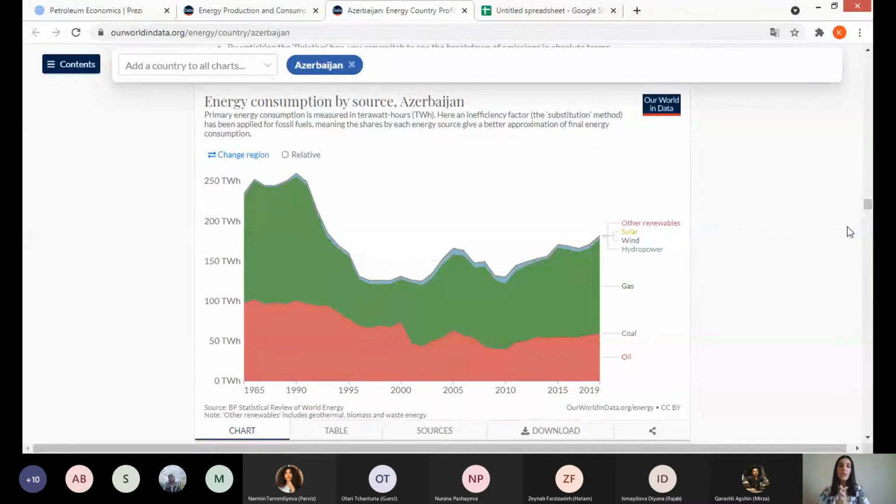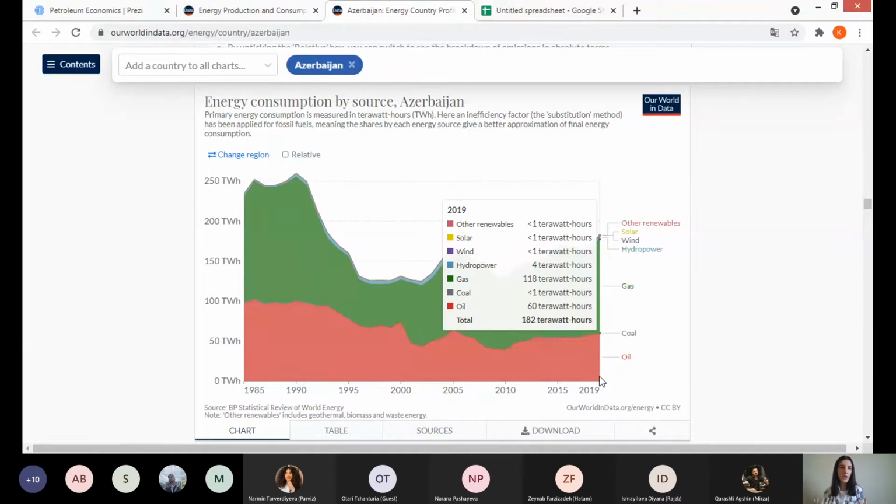They have some portion. But if you look at the Azerbaijan case and recent data, we can see that in 2019 we don't have much coal energy. Yes, we use coal for energy consumption, but it's less than 1 terawatt hour.